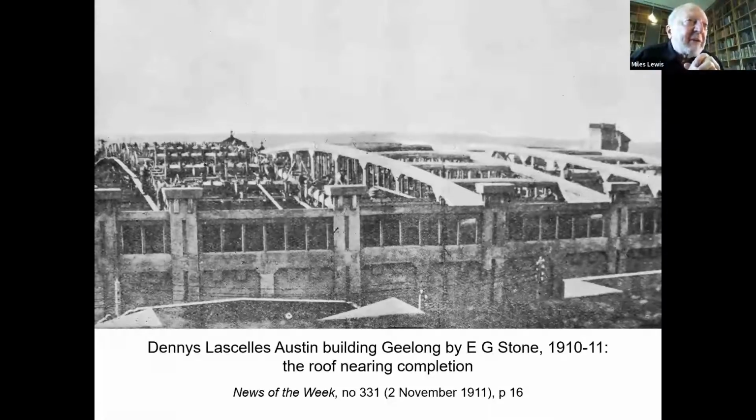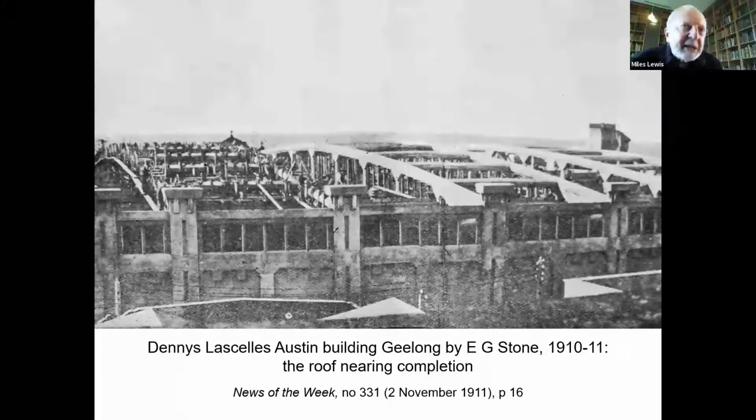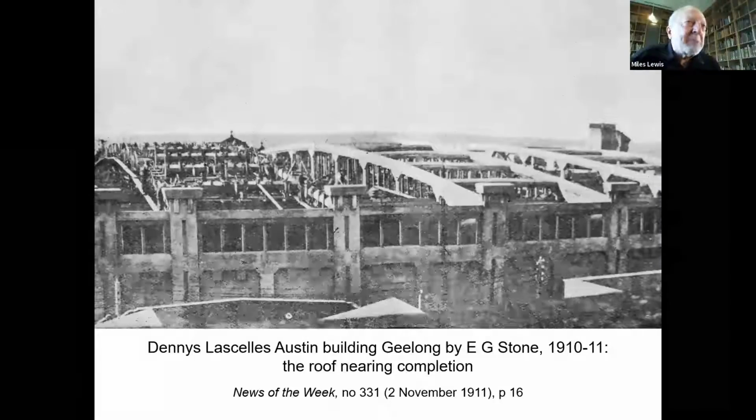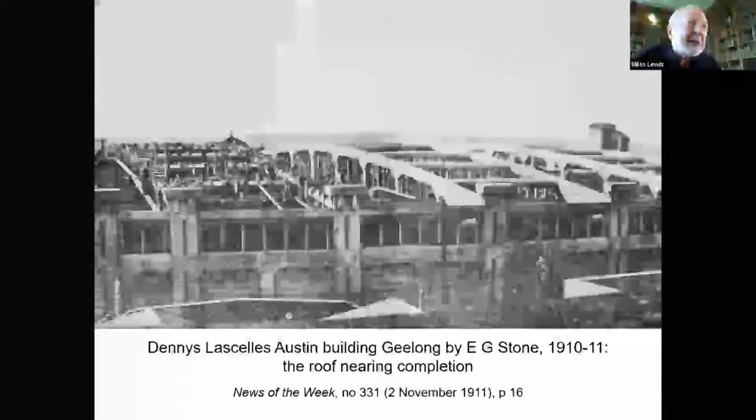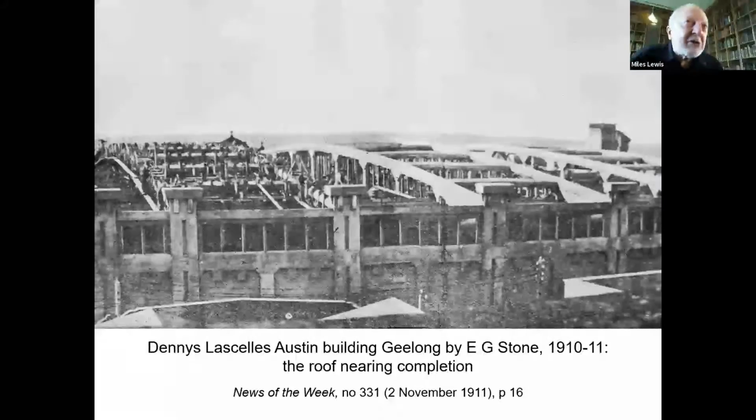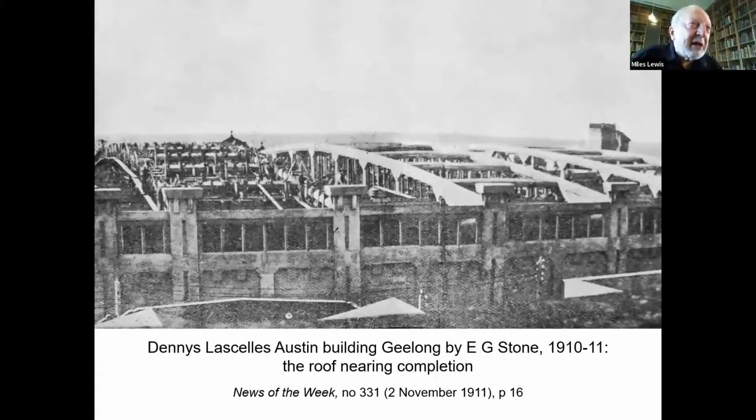So he's taking the same form of bridge that Considère had developed and reinforced in the Considère fashion in all the compression members. And this was by far the biggest reinforced concrete roof span in the world. And it was in obscure Geelong in Australia, and it's been demolished under the John Cain government as a great tragedy. It would have been a World Heritage item.